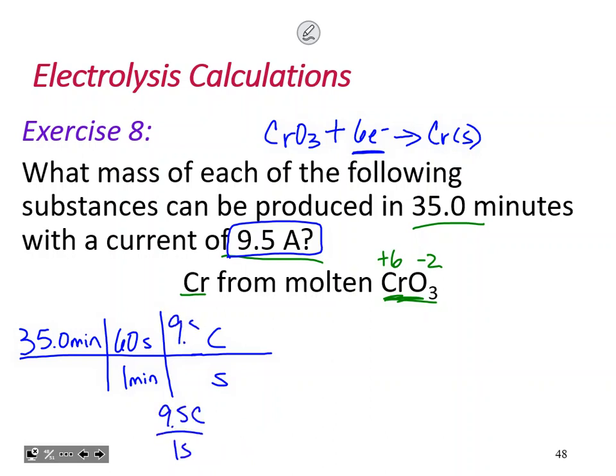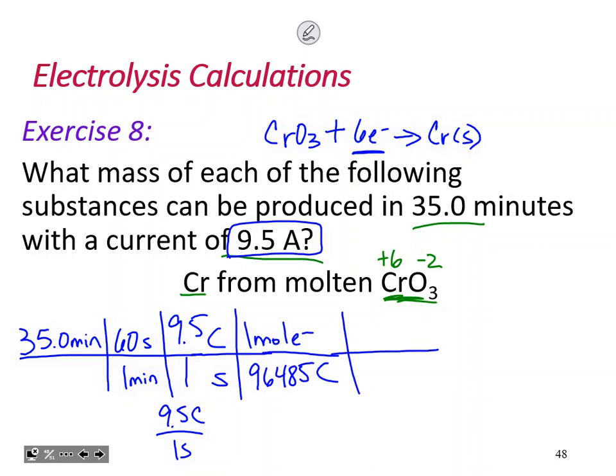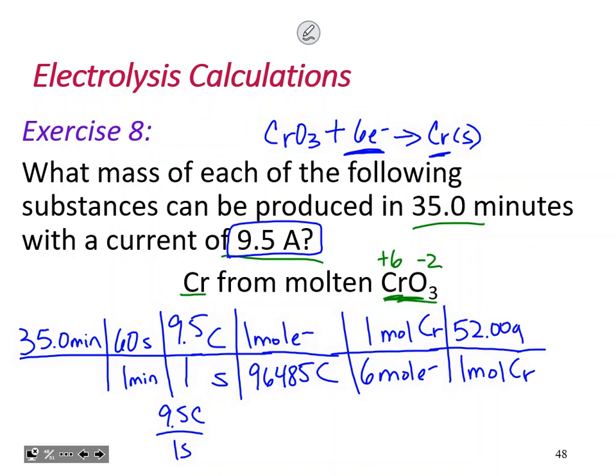So that's what we put here, like so. Then we can do Faraday's constant, 96,485 coulombs equals 1 mole of electrons. And then we have our 6 moles of electrons to our 1 mole of our chromium solid. And then 1 mole of the chromium solid is going to be 52.0 grams of chromium off the periodic table.